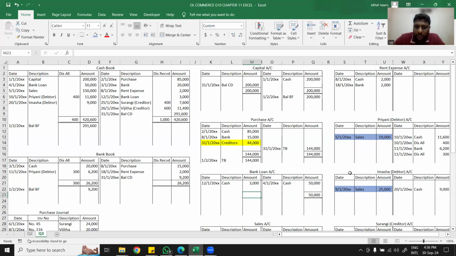Balance the bank loan account also. So bank loan is a liability account. Liability accounts have BCD, BBF. Asset, liability, equity have BCD, BBF.